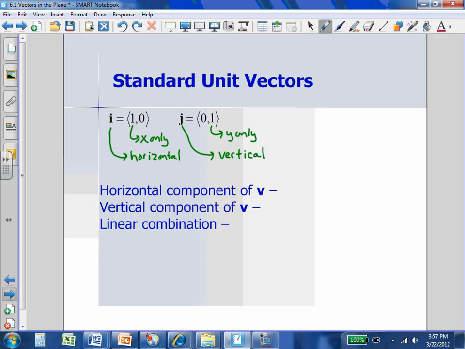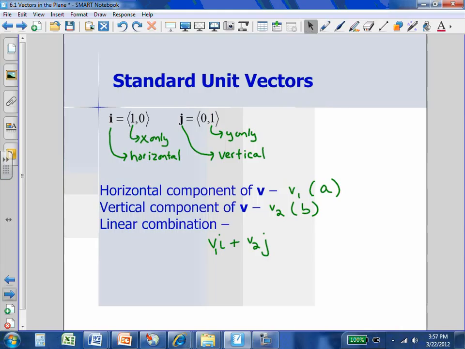Okay, so your horizontal component of v is your v1. Sometimes you'll see it written as a. Your vertical component, v2, sometimes you will see that written as b. The linear combination of them is sometimes written as v sub 1 i plus v sub 2 j.